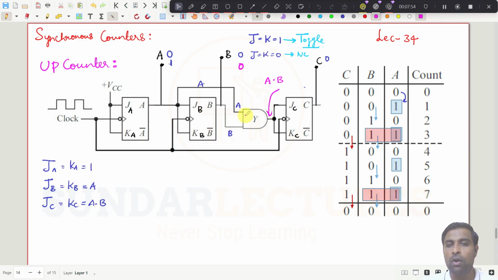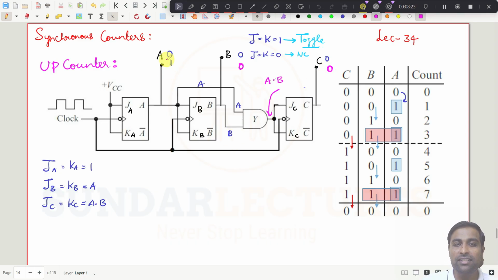Now what happens at the C output? This C depends on JC and KC. What are JC and KC? A is 0, B is 0, so the outputs are 0, 0, and the input to J, K will again be 0. So there is a no change condition again, and it will be retained at 0.